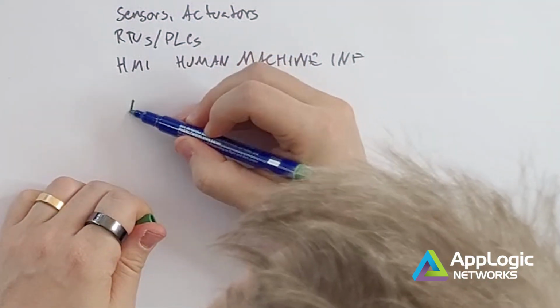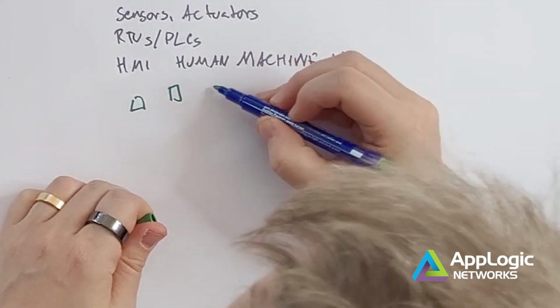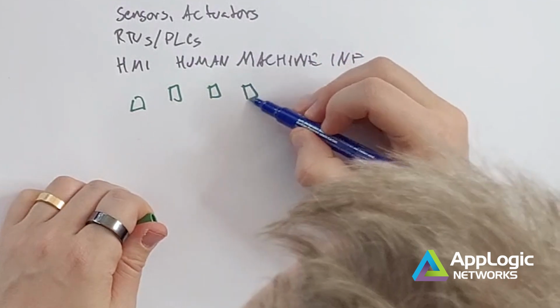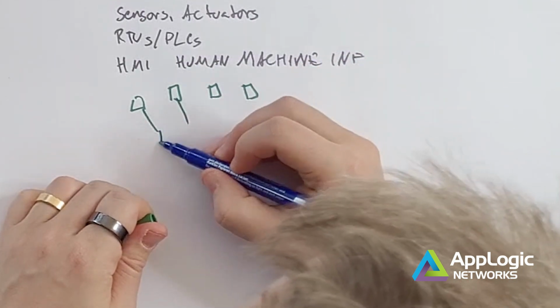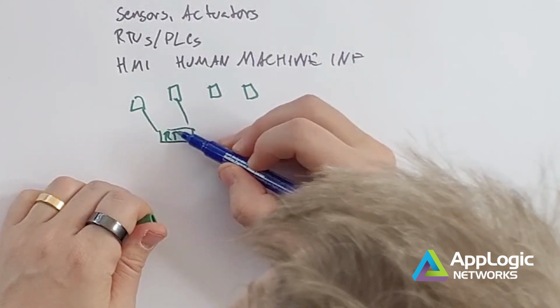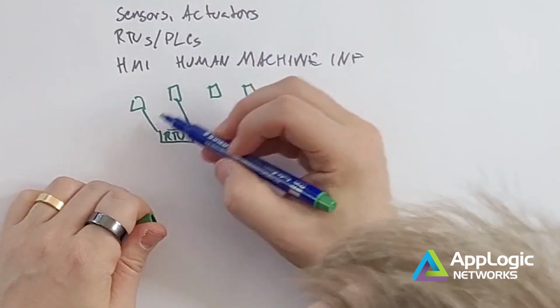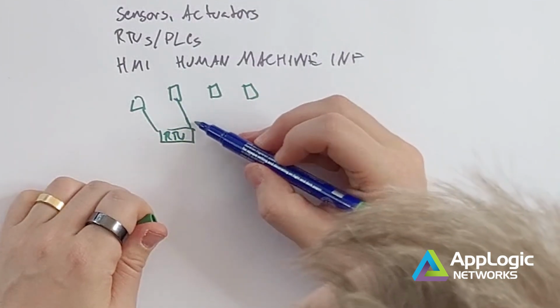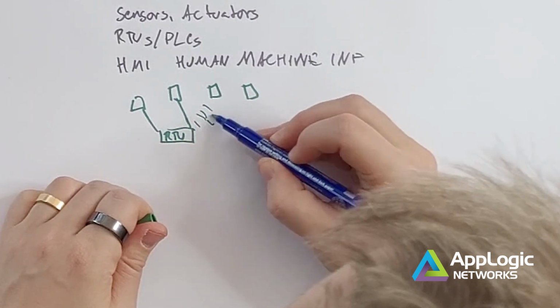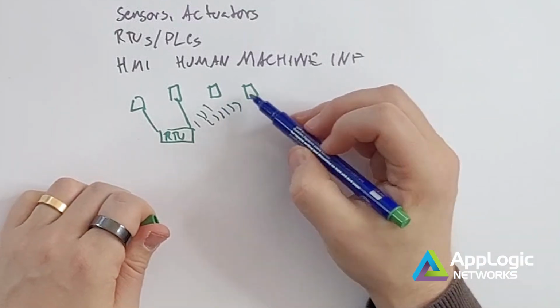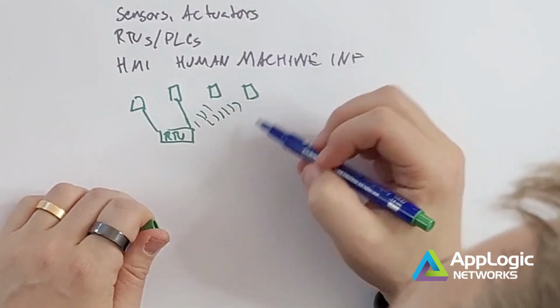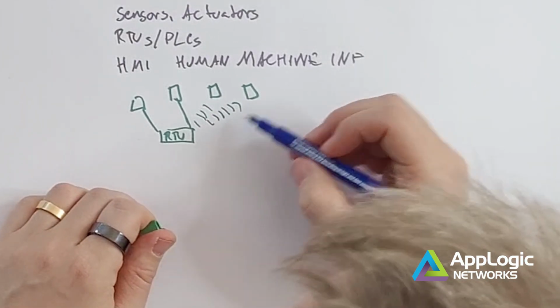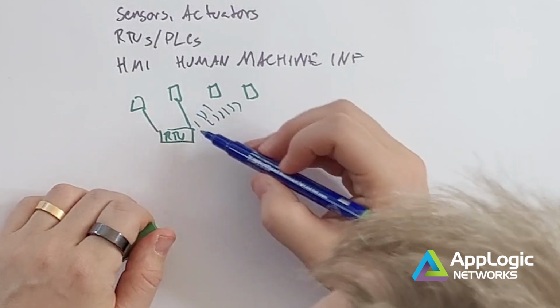If we take a look at what that looks like in a network diagram, if we start with some sensors and actuators, they are typically connected to an RTU with serial or Ethernet, something on a wire. There are cases though when it runs over some RF, could be Wi-Fi, Bluetooth, private 5G, satellite, could be all kinds of stuff.